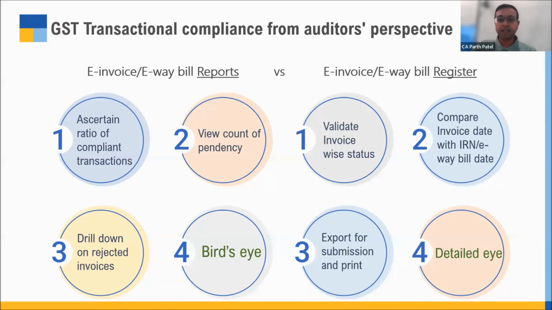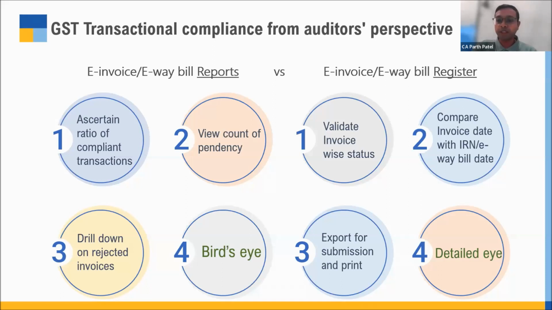And let's say you want to drill down to the particular transactional aspect, let's say we have 700 transactions and we want to drill down to a particular number of transactions for a particular month, then you will definitely need the e-way bill register. So what is the usage of e-way bill register? You can validate the invoice wise status.